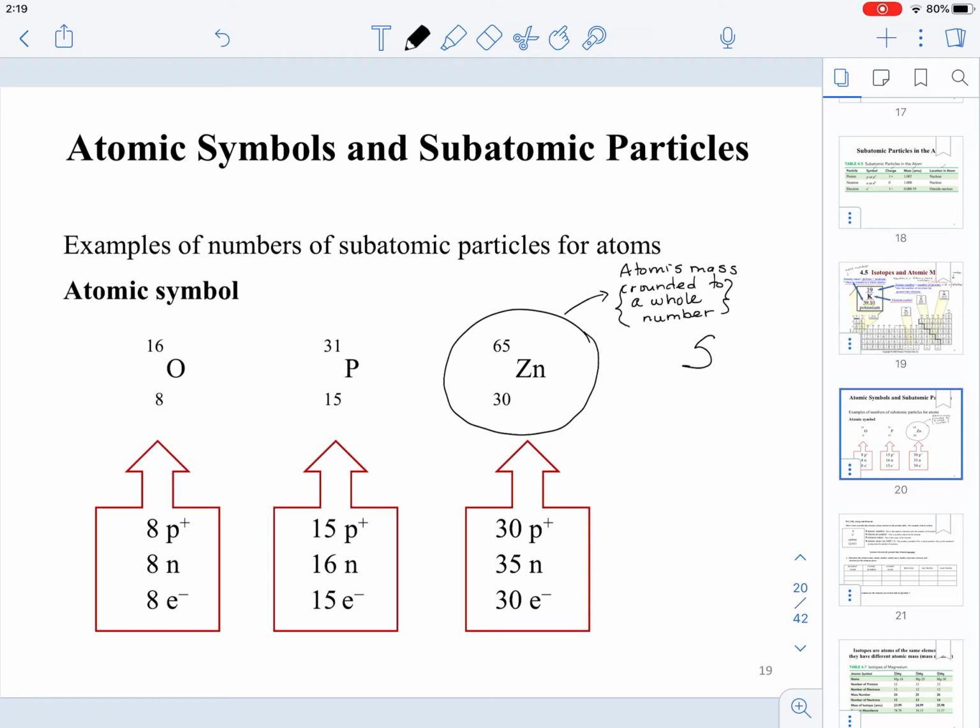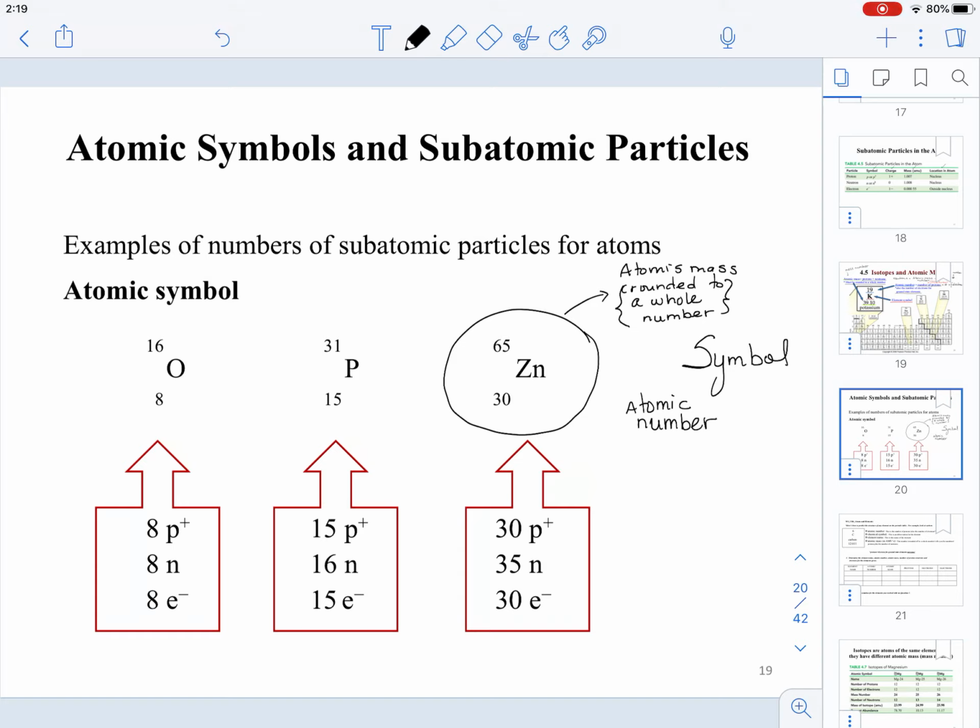Then we have the symbol for the element. In the bottom left corner, we have the atomic number. So top left corner, atomic mass; bottom left corner, atomic number; and in the middle we have the symbol.